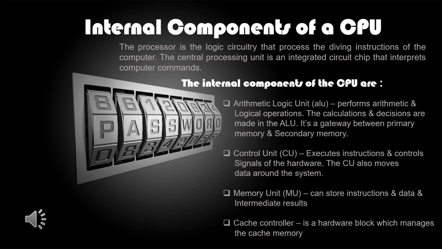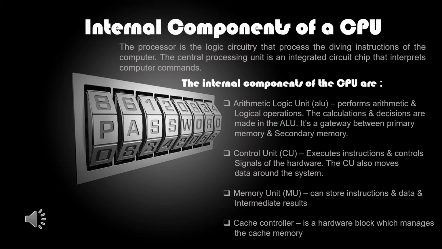Internal components of a CPU. The CPU has three main internal parts. The arithmetical logical unit performs calculations and logical tasks, and the central unit directs the system's operations, and the memory unit stores temporary data.